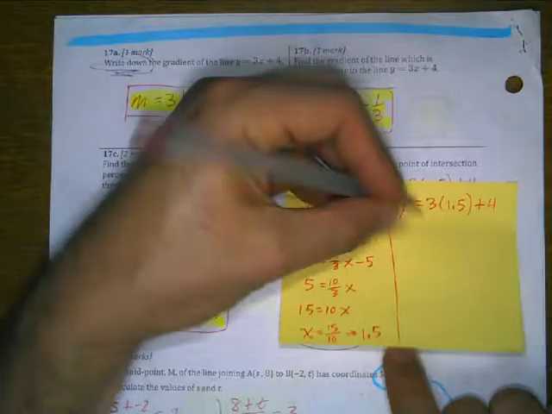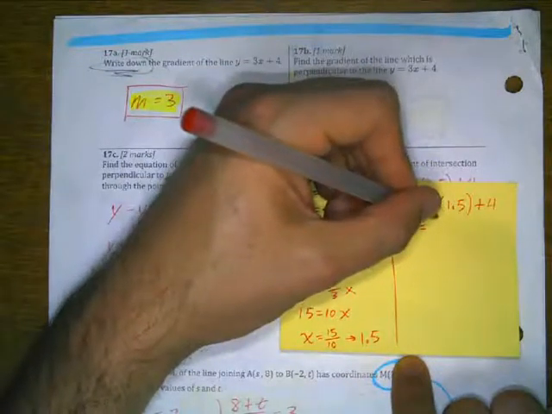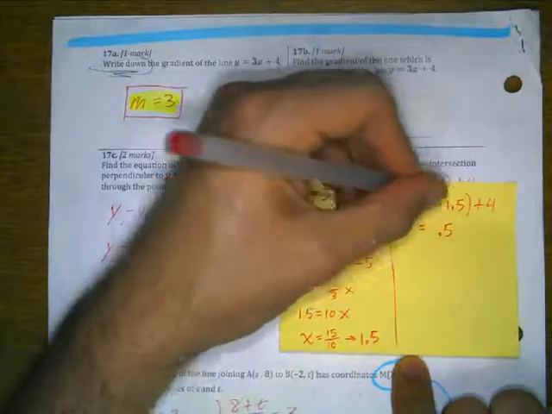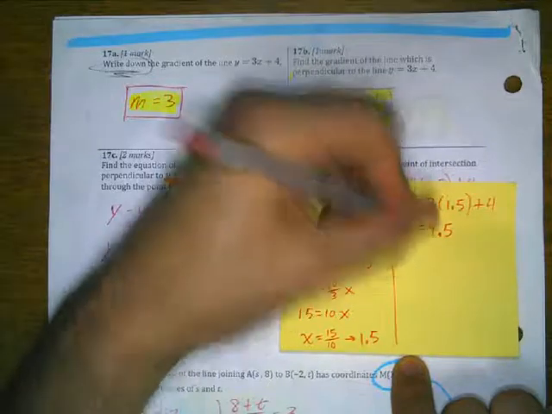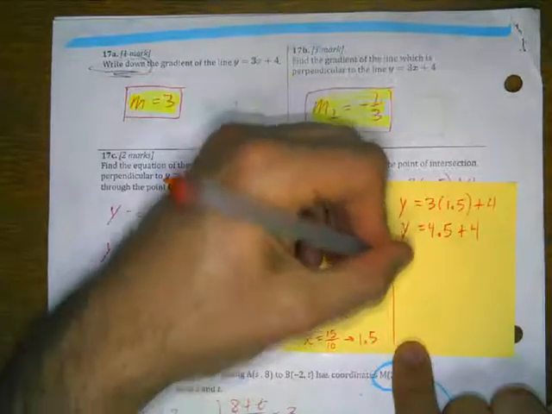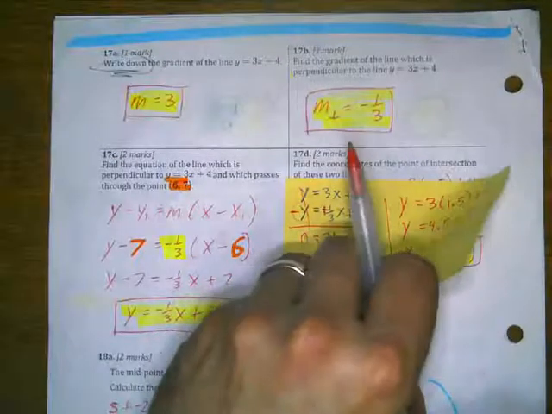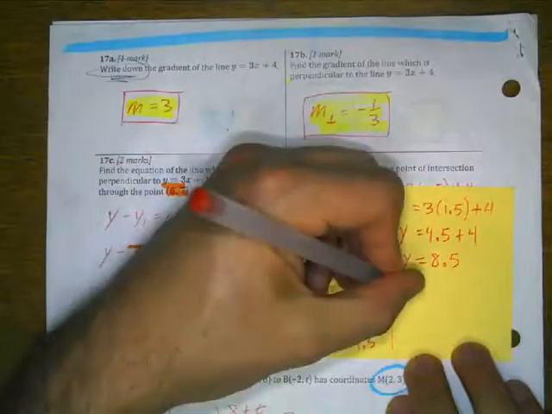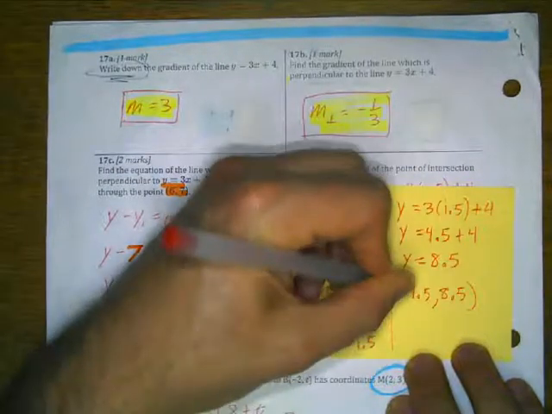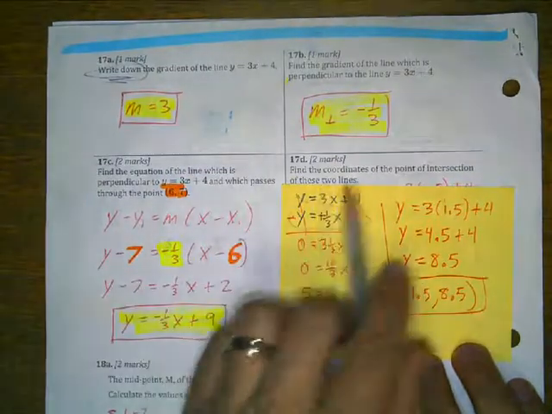And now I've got y equals 4.5 plus 4, and we get y equals 8.5. So my coordinates are 1.5, 8.5, and that is the intersection between these two lines, the coordinate of the intersection of the two lines.